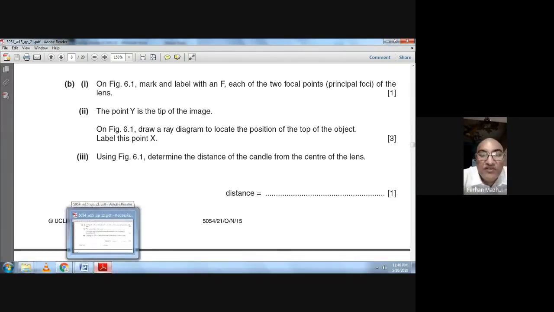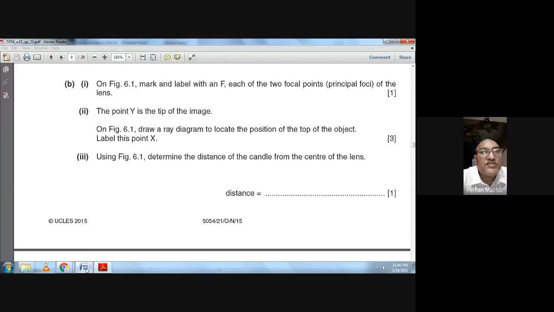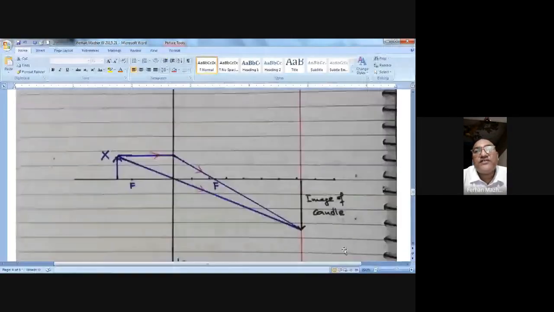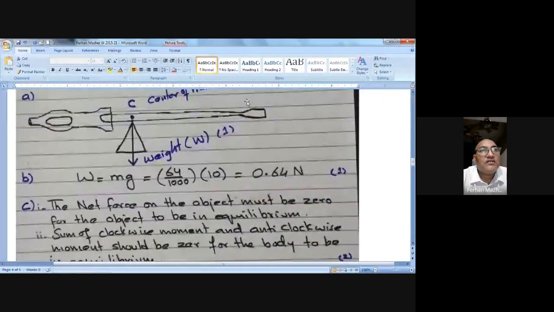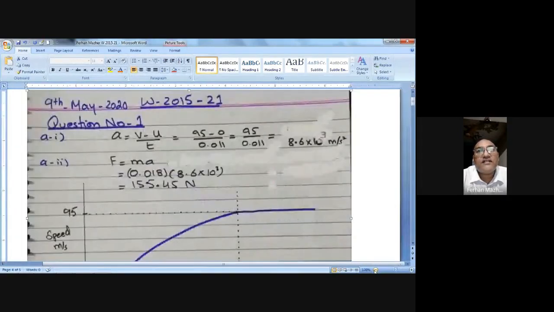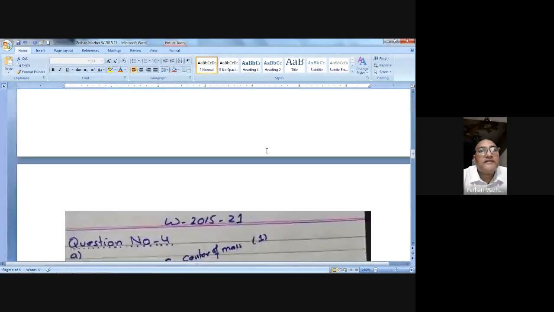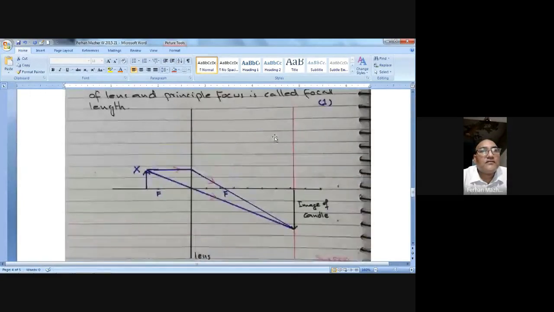I have drawn a full scale diagram of this candle on a paper, and let me show you that. Let's reduce the size a little bit so you can clearly see. Okay. So you see here, this horizontal line represents the principal axis. It's a full scale diagram.